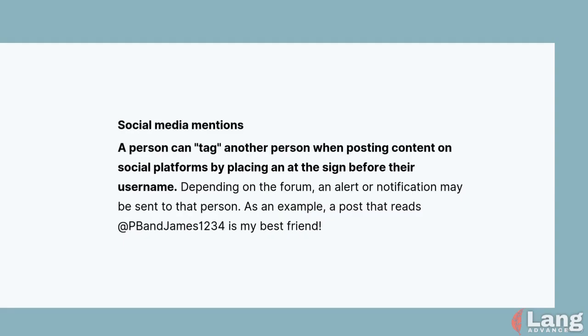Social media mentions. A person can tag another person when posting content on social platforms by placing an @ sign before their username. Depending on the forum, an alert or notification may be sent to the person. As an example, a post that reads "@PBandJames1234 is my best friend."